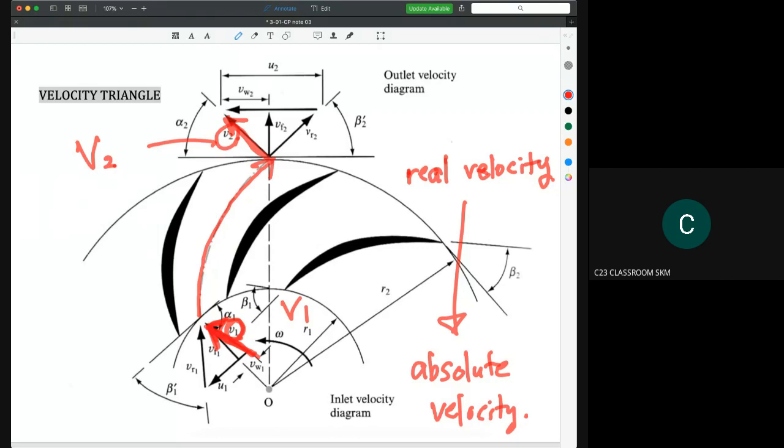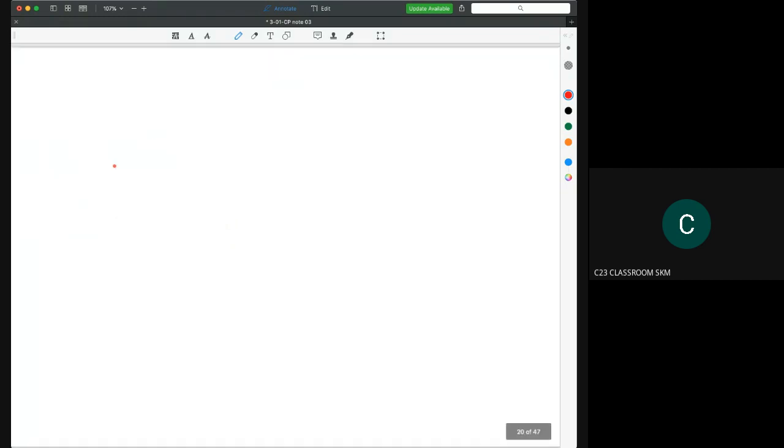Okay, to simplify, first you need to draw your blade. This is the first step to draw your velocity triangle. The second step is to draw the real velocity, the real flow that occurs inside the pump. We call that the absolute velocity.